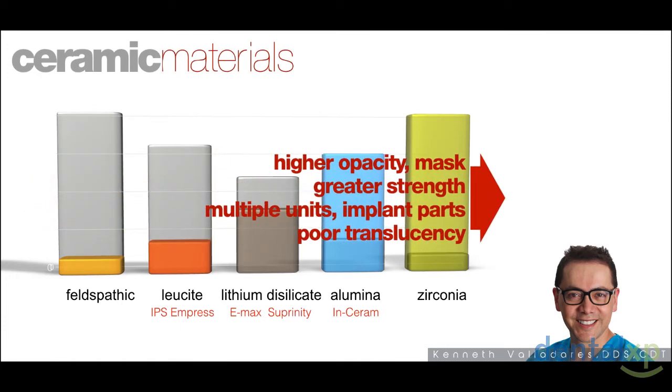The advantages of the materials on the right, alumina and zirconia, are the higher opacity, which allows us to mask dark cores, and greater strength, which allows us to make multiple units and parts of implants. Their disadvantage is poor translucency.